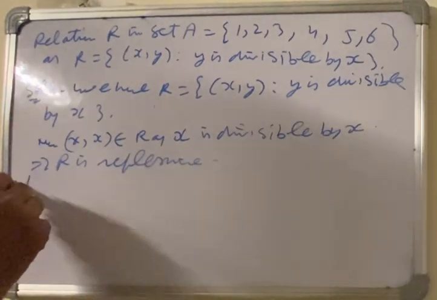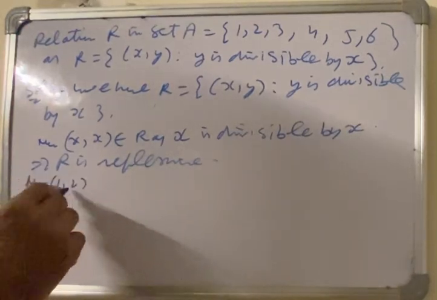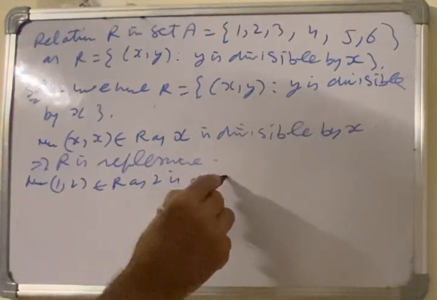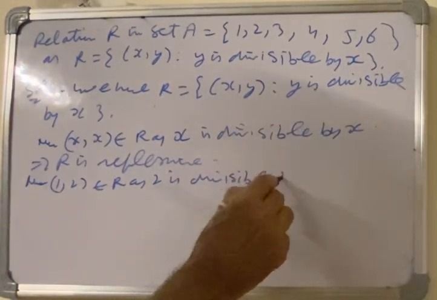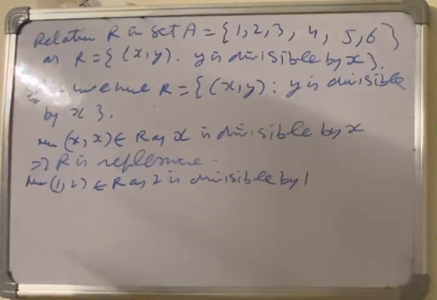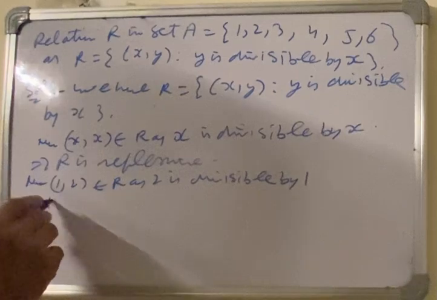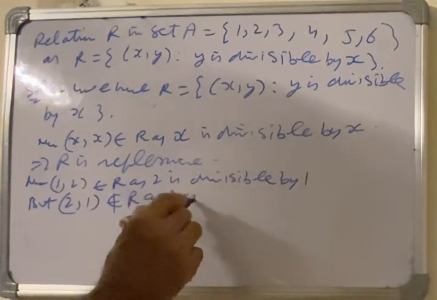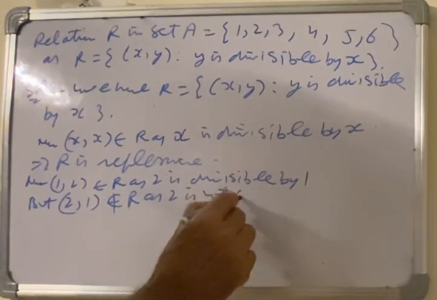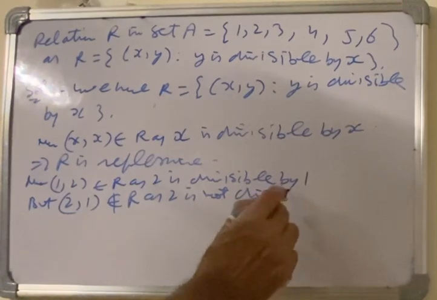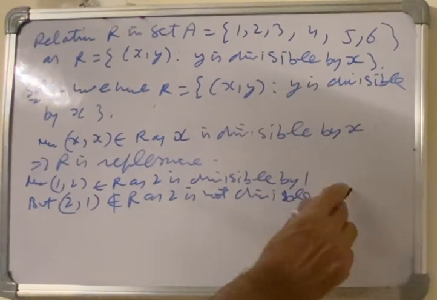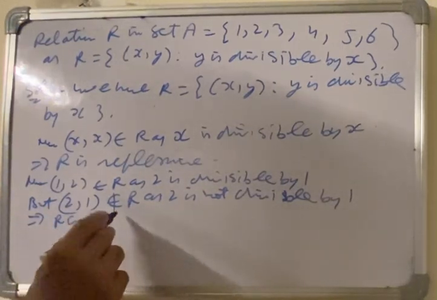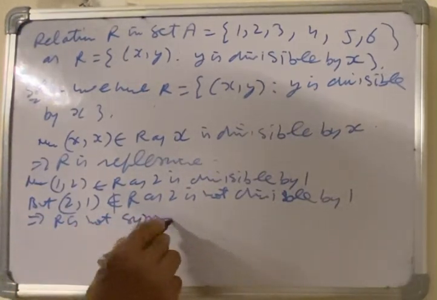Now, (1, 2) belongs to R as 2 is divisible by 1. But (2, 1) does not belong to R as 2 is not divisible by 1. Therefore, R is not symmetric.